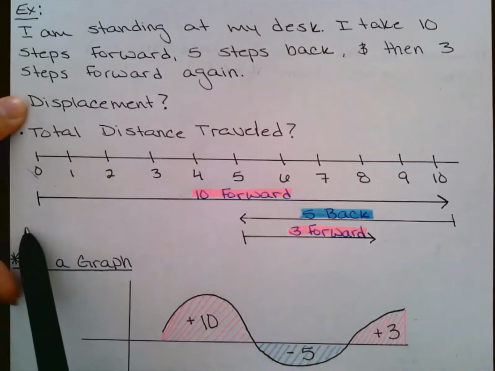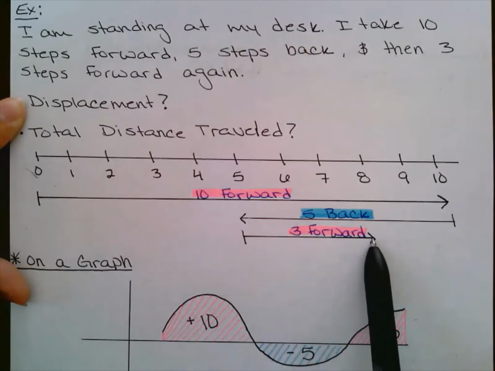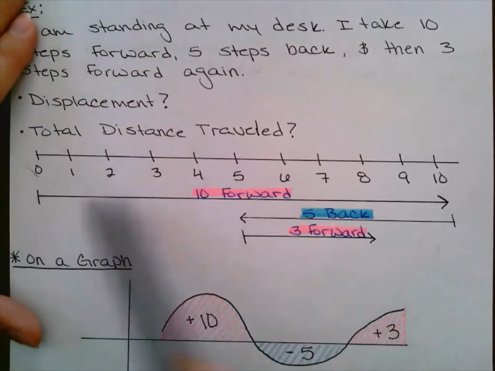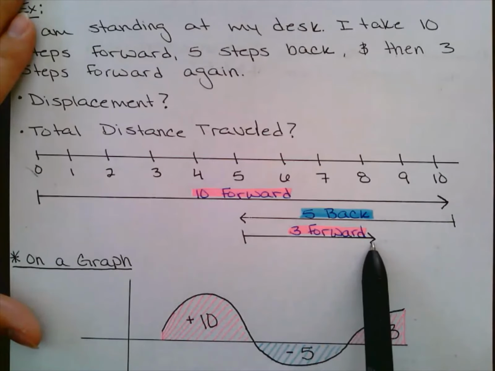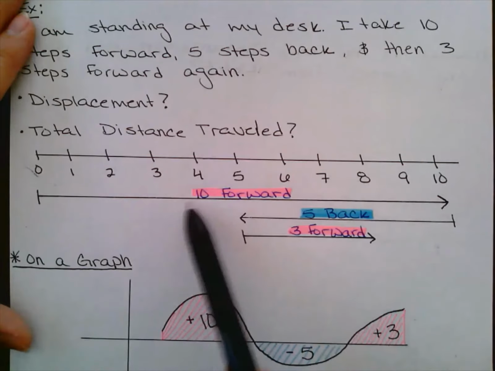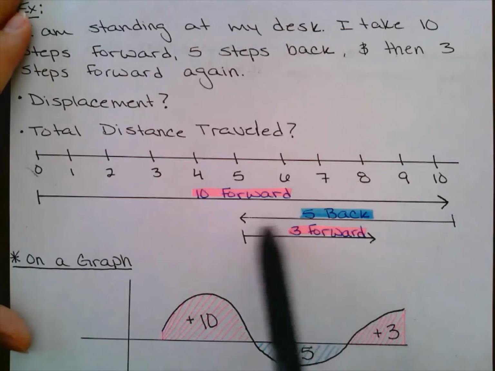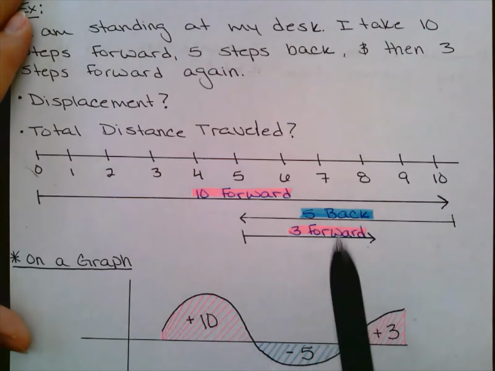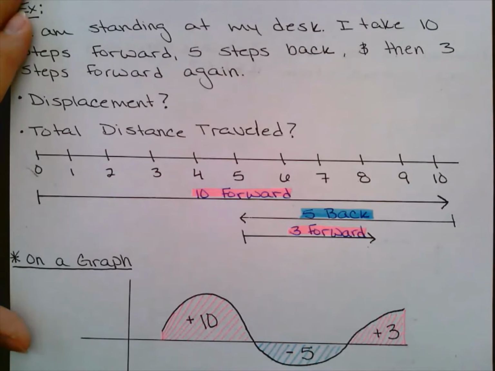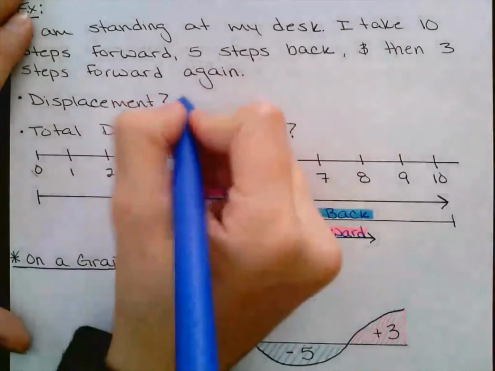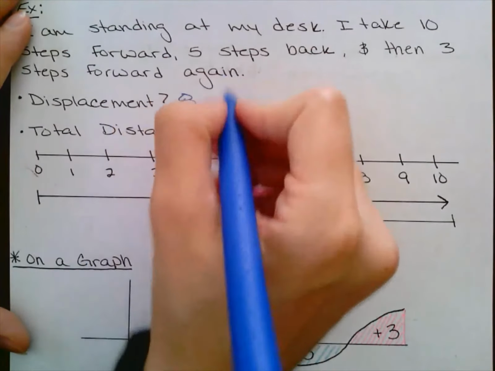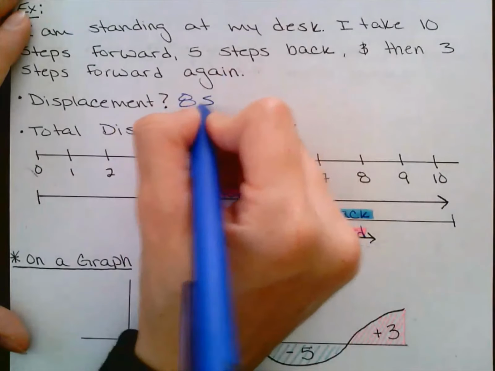Displacement asks me how far am I currently displaced from my desk after having taken the 10 forward, 5 back, and 3 forward. Well, if you add 10, subtract 5, and then add 3, I am 8 units or steps, let's say, away from my desk. So displacement is how far am I? I am 8 steps away.